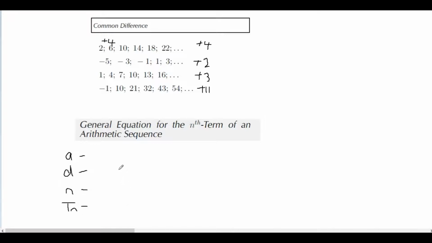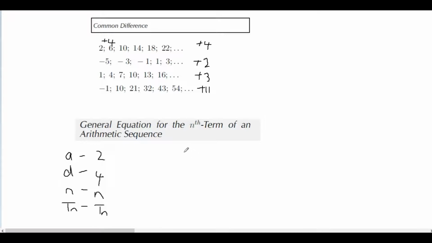Cool. So using our first sequence as an example, in this case, A will be 2, the common difference would be 4, the n value would just be n, because that's what we're looking for, and Tn would just be the answer we're looking for, so that just stays Tn, right?